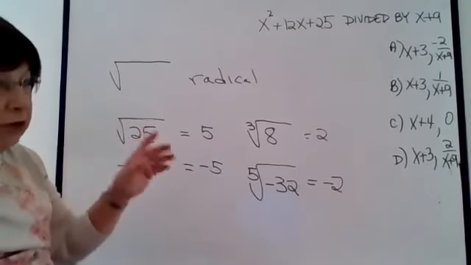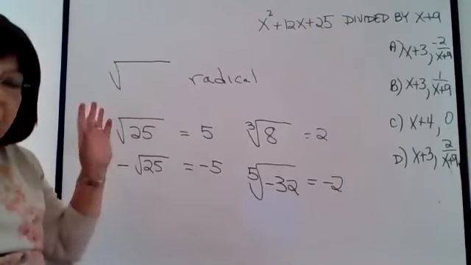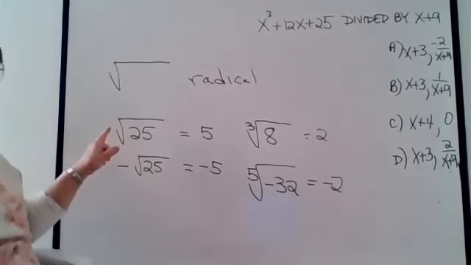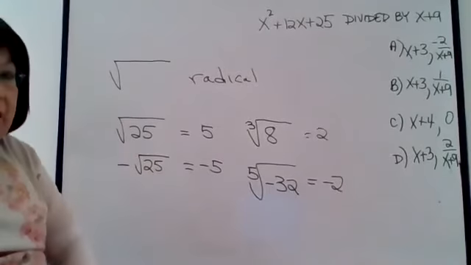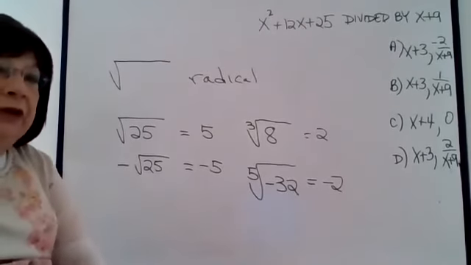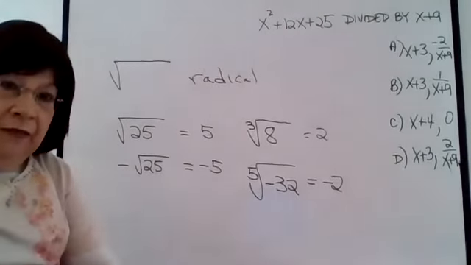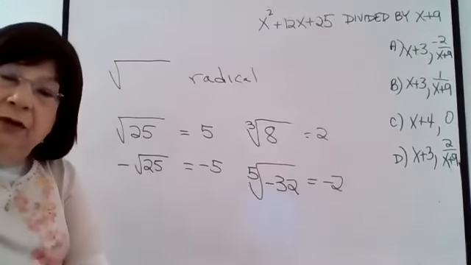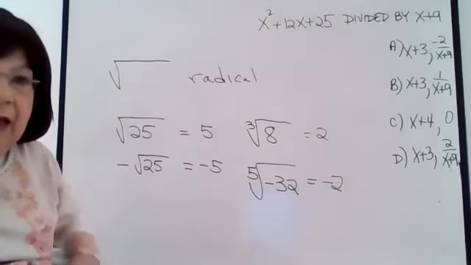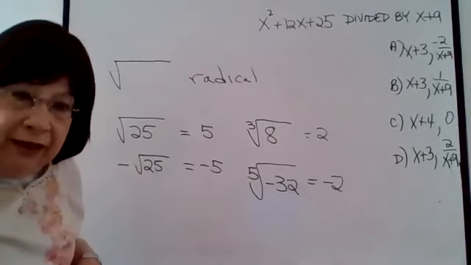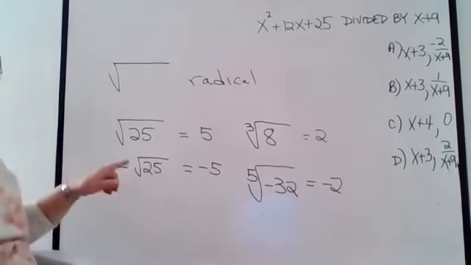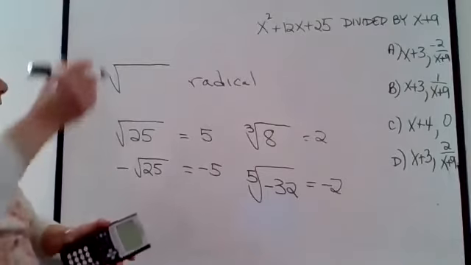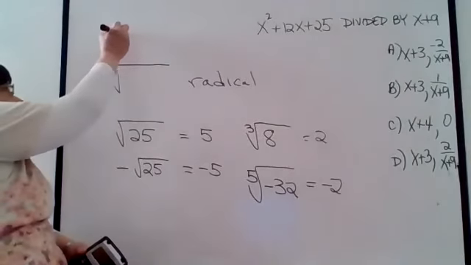And on your calculator, right on your front screen, you should see a square root button. If you can't find the square root button on your calculator, then send me a picture of your calculator in the email, and I'll tell you where to locate the square root.